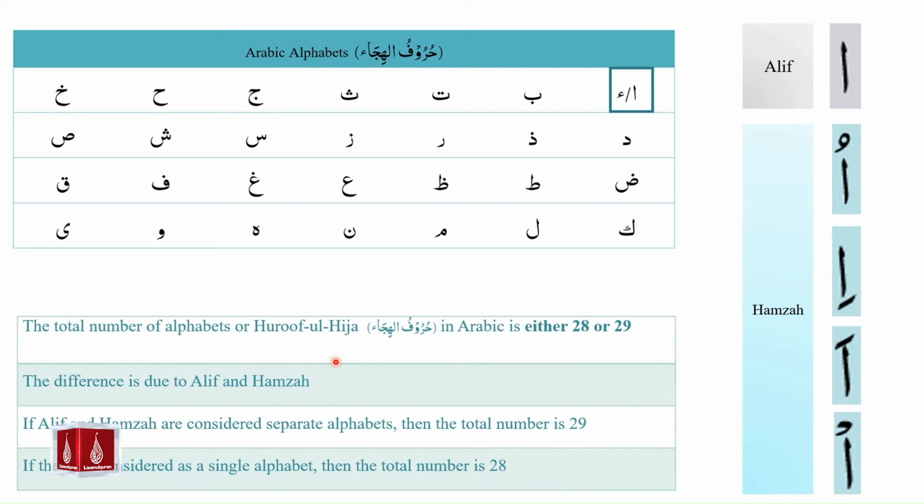So the total number of alphabets in huruf al-hija is either 28 or 29. And the difference is due to alif and hamza. If alif and hamza are considered as separate alphabets, then the total number is 29. And if they are considered as a single alphabet, then the total number is 28.